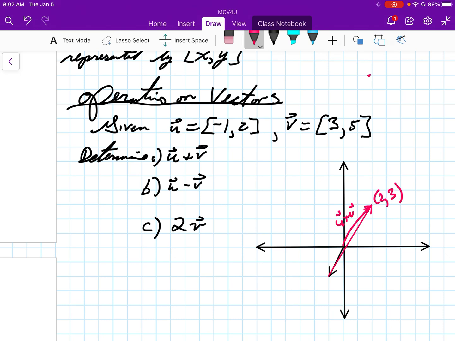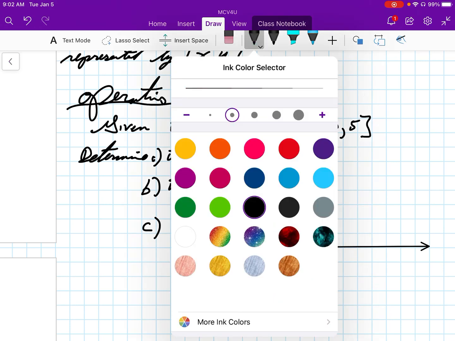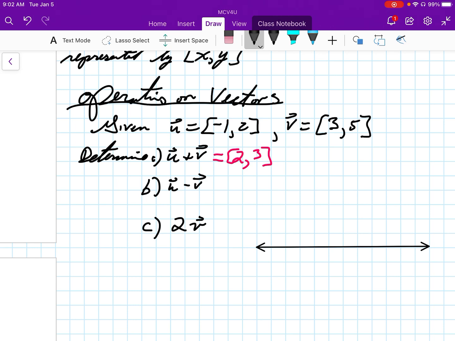So that means u plus v is the vector (2, 3). Oh, wait, did I do that right? Oh, you know what? I can see what I did wrong. It's not (2, 3) because I did u incorrectly. You guys probably caught that on me. That's okay. Let's see if we can make this a little bit better.